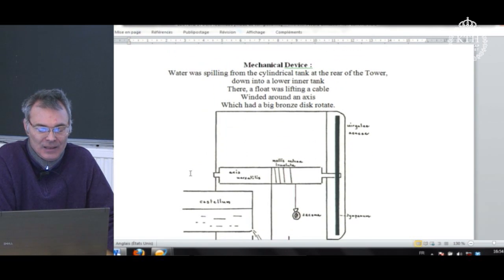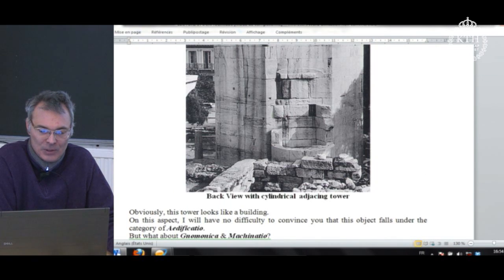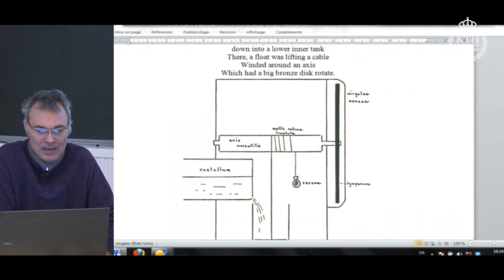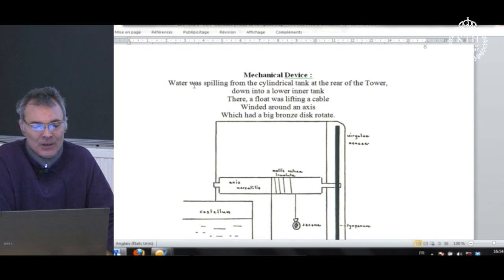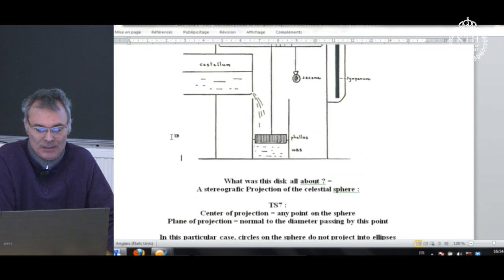So in this mechanism, I have to show you back the building on the picture, because what you see here, this cylindrical tower, was actually a water tank, from which the water was spilling down into a lower inner tank, and there a float was lifting a cable wound around an axis which made a big bronze disc rotate.